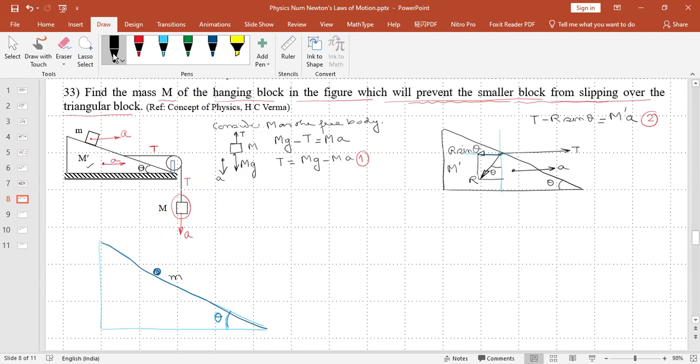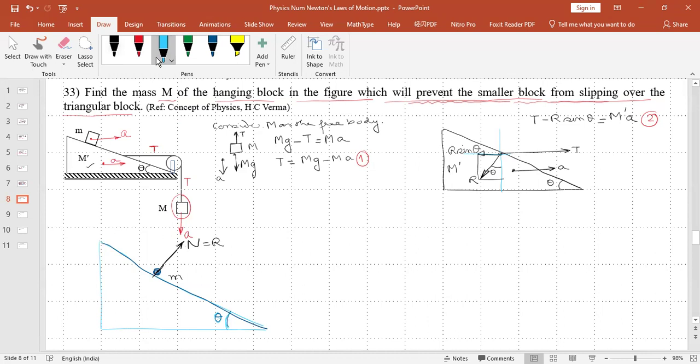This small block will experience a reaction force from the triangular block perpendicular to the sides. And obviously, this reaction force N and this reaction force R are the same in magnitude, though opposite in direction.